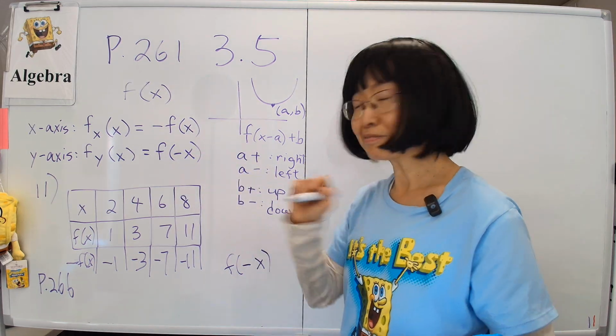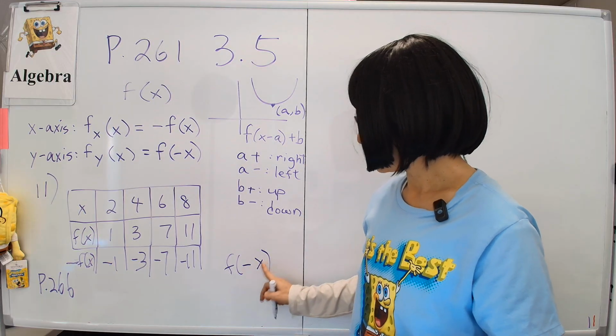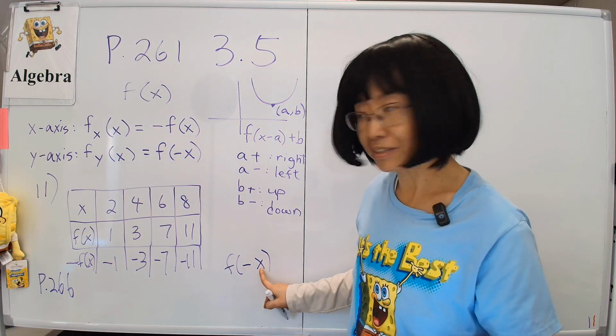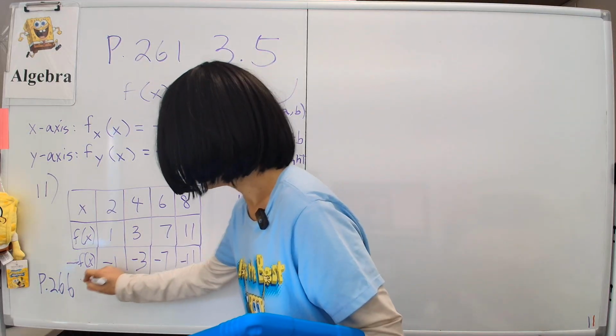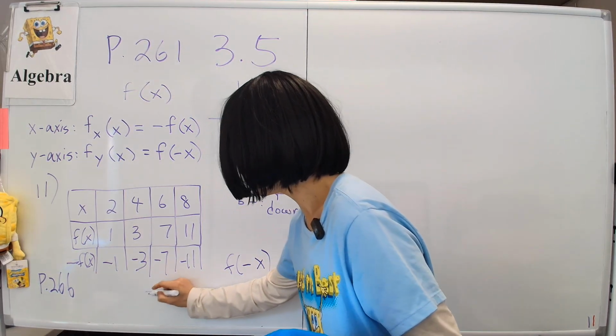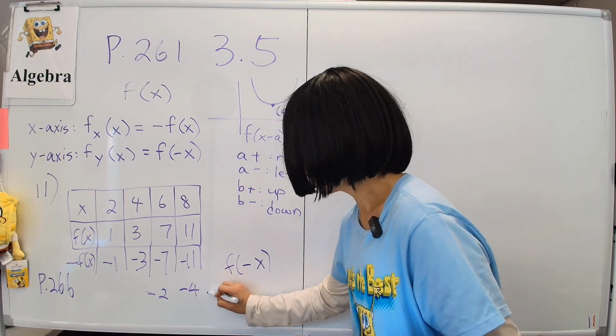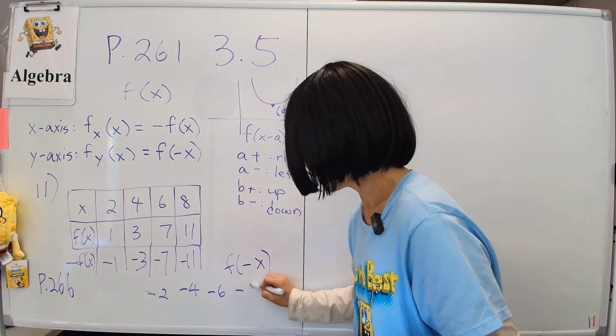But here's what we do know. We do know what f of minus negative 2 is. So what happens is now we're going to draw a new chart where we have negative 2, negative 4, negative 6, and negative 8. Why?